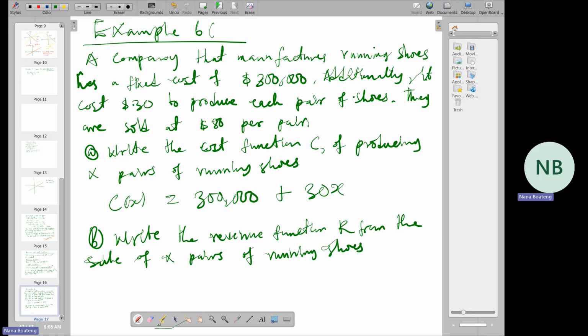The revenue function is equal to the price per unit sold times X. We are told that a unit is sold at $80. So the revenue function R(x) is equal to 80 times the number of units X.